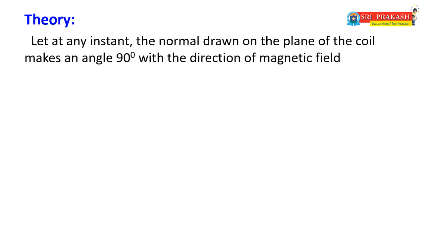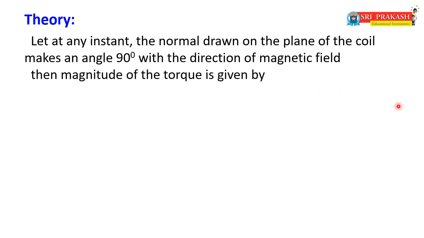Now, theory of the galvanometer topic. Let at an instant the normal drawn to the plane of the coil make an angle 90 degrees with the direction of the magnetic field, as shown in the diagram, one coil is there. That coil is making 90 degrees with the magnetic field.